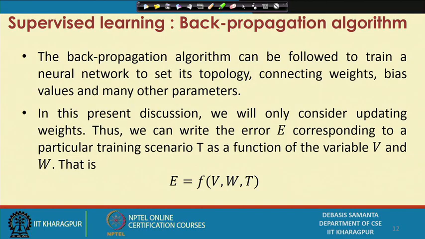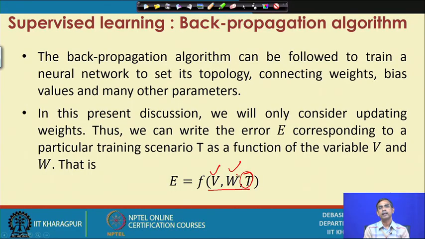So, in summary, the error E is basically a function of V, W and the training sets, and how this function looks like we have discussed in the last slides. So, for given values of V and W and for the given training sets, E can be calculated.